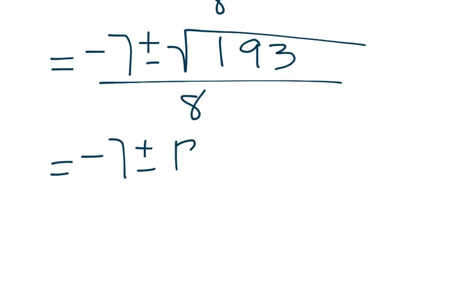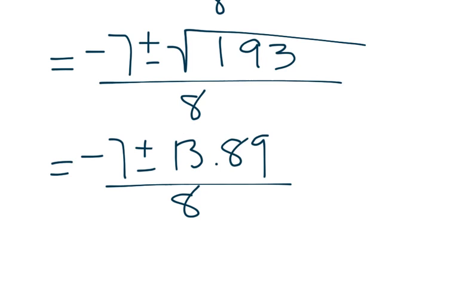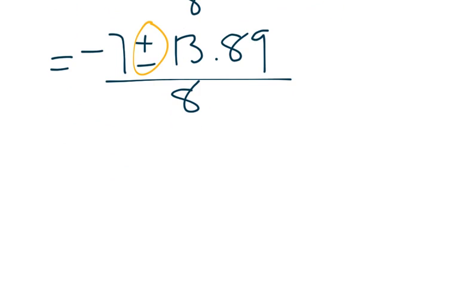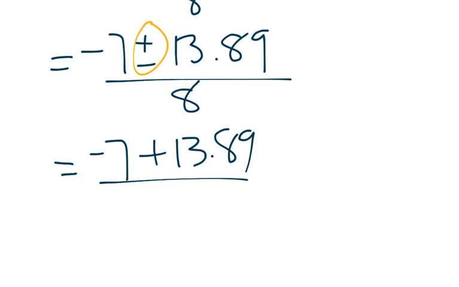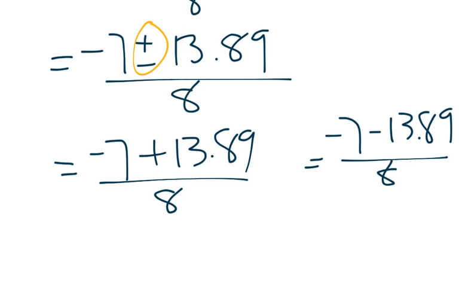So we just have 13.89 over 8. And since we have a plus or minus, we're splitting them up into two different equations. Negative 7 plus 13.89 over 8, or negative 7 minus 13.89 over 8.